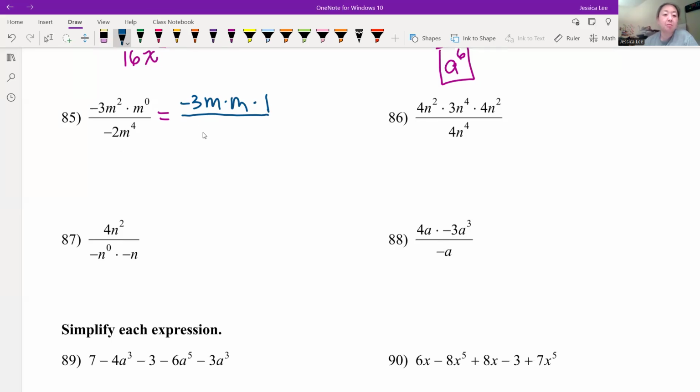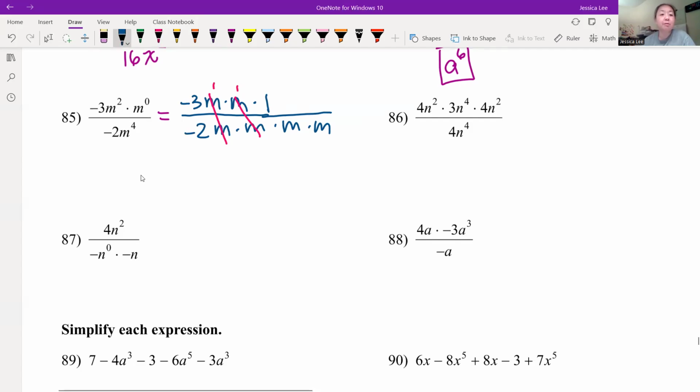The bottom, we got -2, and we have 4 m's, m times m times m times m. All right, so what we do know about this fraction bar is that it's dividing, right? So we know m divided by m is just 1. Okay, so that cancels out to just be 1. That cancels out to just be 1. So we can cancel out 2 of them. We can't cancel out more because we don't have any more m's on the top.